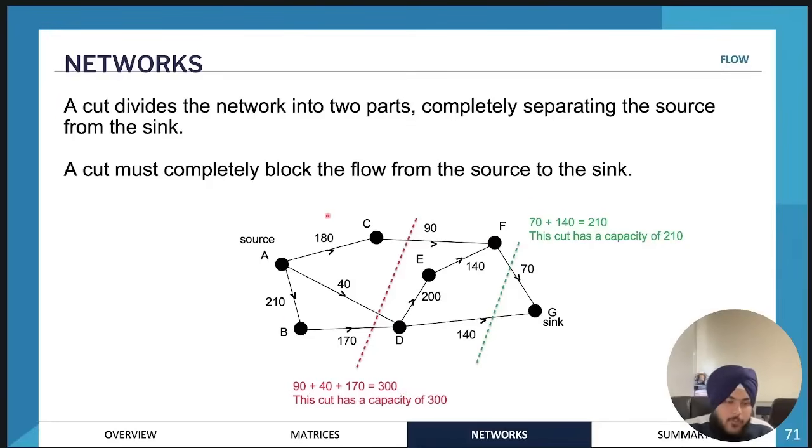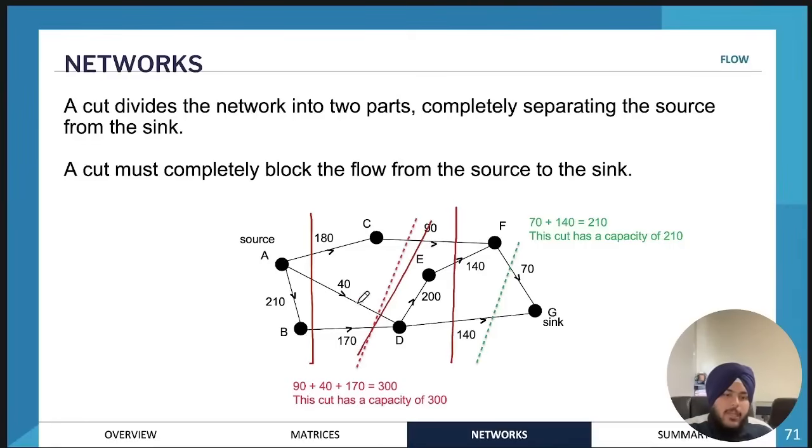We can do a variety of different cuts. So we can do this one, we can do this one, a lot of different cuts. Just to give you an example, we might do this cut, this cut, this cut.